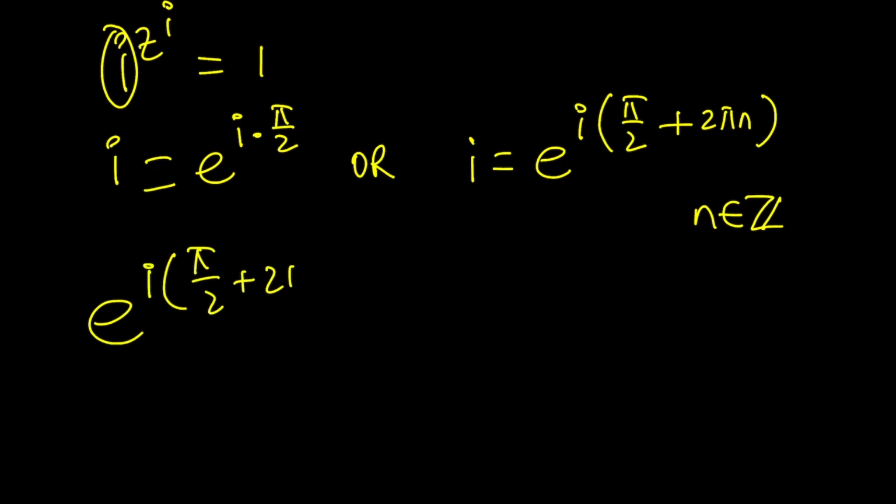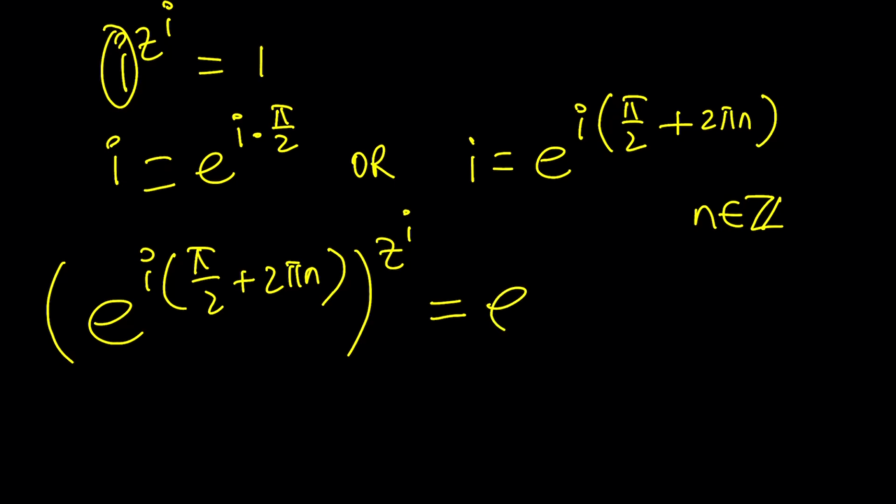I want to use the more general form, and that's going to give me this to the power, of course that's just the i, and then I have to raise it to the power z to the i, which is another exponential, and it's supposed to equal 1 at the end. But we can also replace 1 with the complexified version of 1, which is e to the power i times 2 pi k.